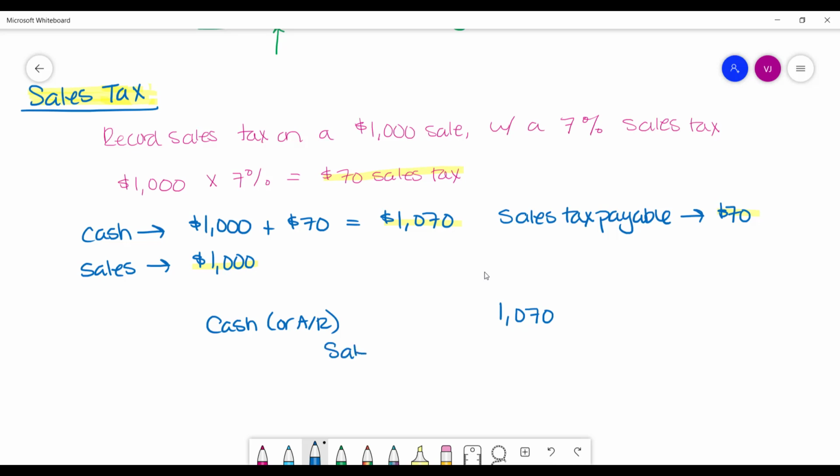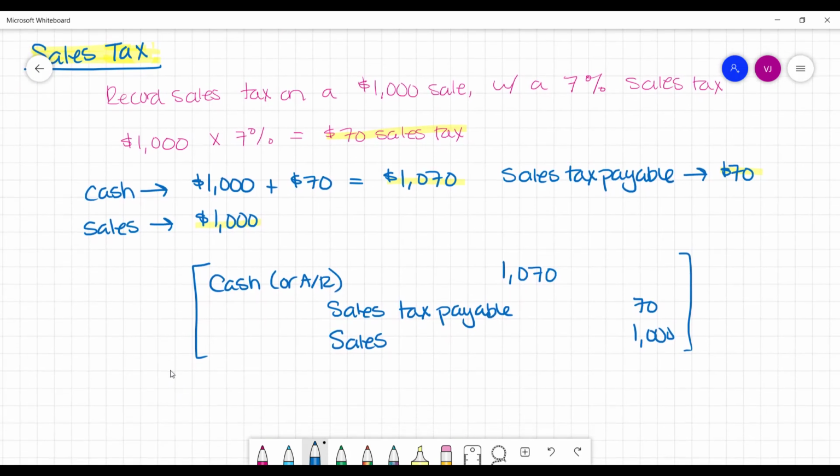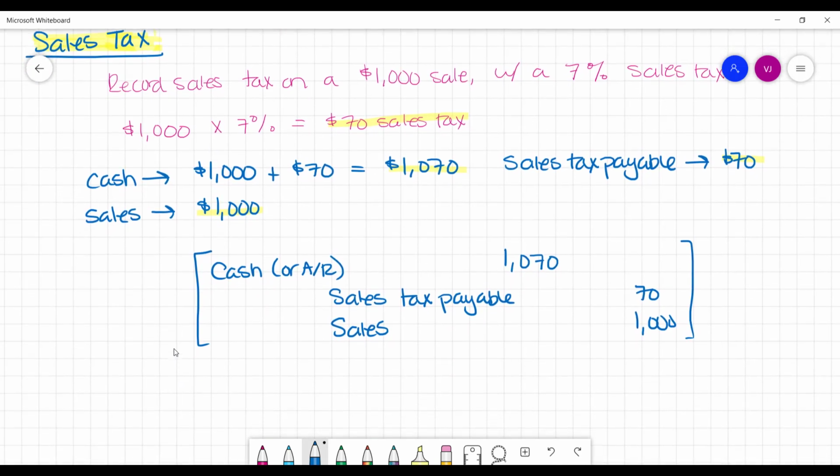Then you are going to credit the liability account called sales tax payable for $70. And you're going to credit your sales account, your revenue account, for $1,000. So that's how a company will account for any sales tax. So that's the accounting treatment for that.